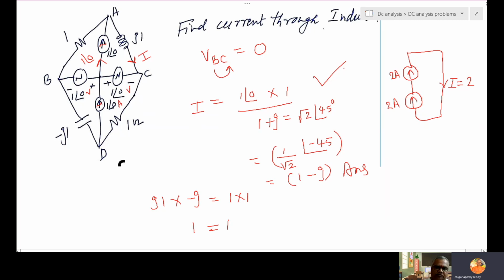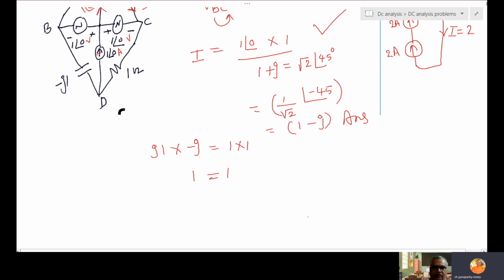Basically, the bridge balanced concept we follow if the sources are outside. If the source is inside, even when the bridge is balanced, current will not be zero. I'll give one example here. These things are simple, but you should be very careful.